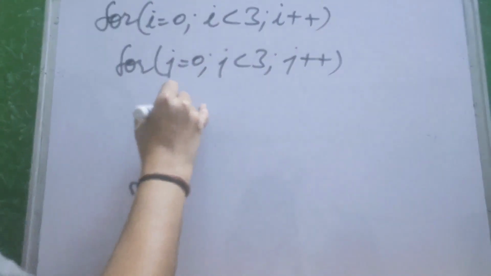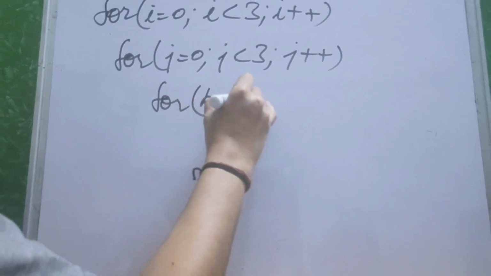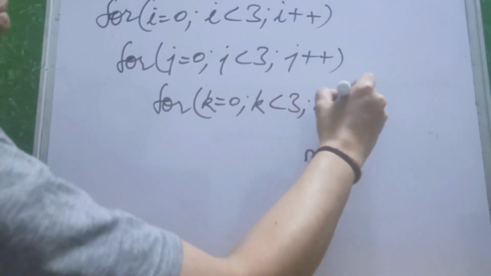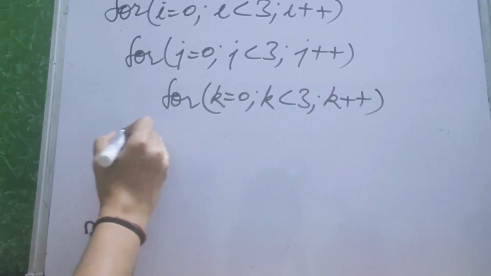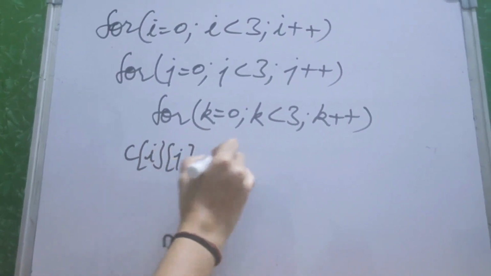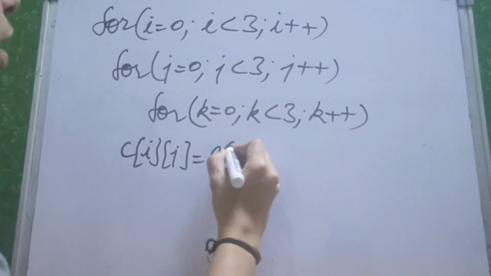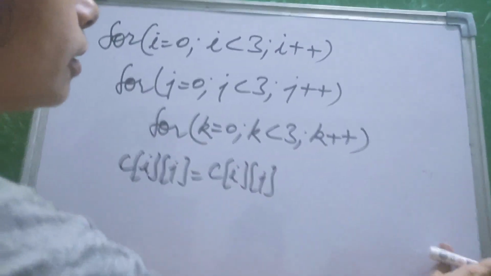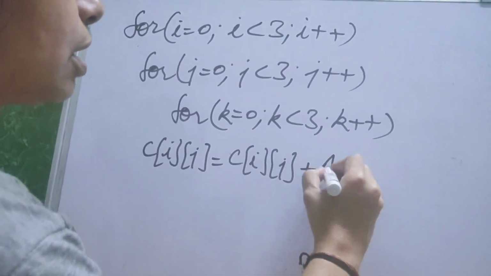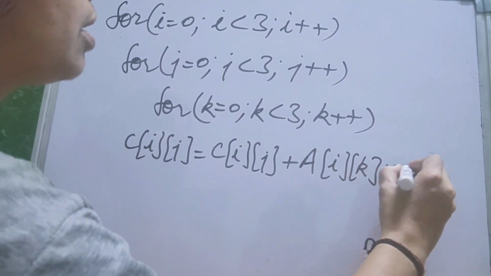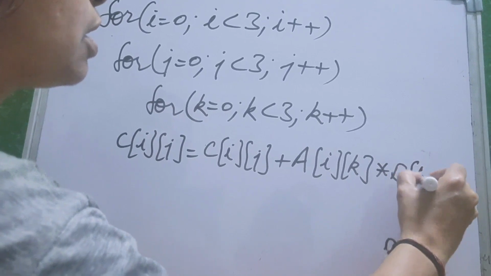And then for K equals to 0, K less than 3 and K plus plus. What will we write? Cij equals to Cij plus Aik multiplied by Bkj.